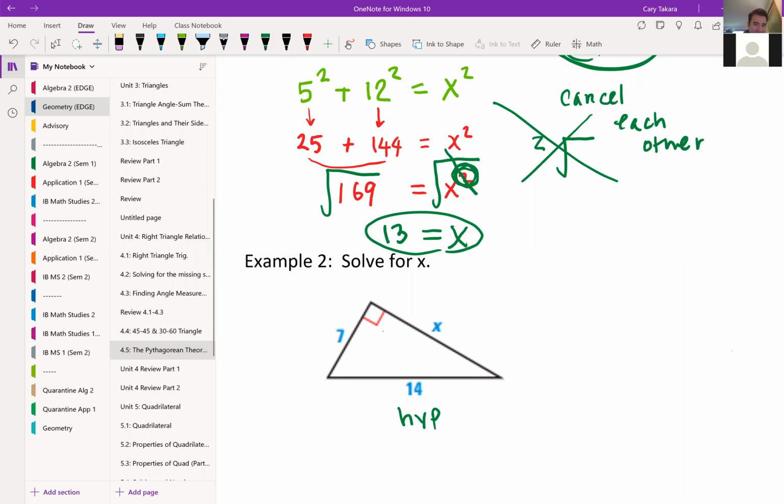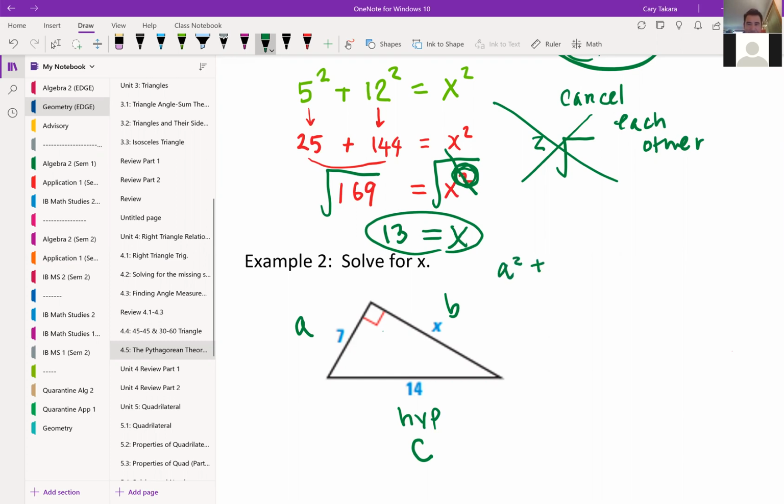That means C is going to be 14. And then A and B are 7 and x. Again, you could call x an A and 7 a B. It doesn't matter, as long as you identify the hypotenuse correctly. Now let's set it up.